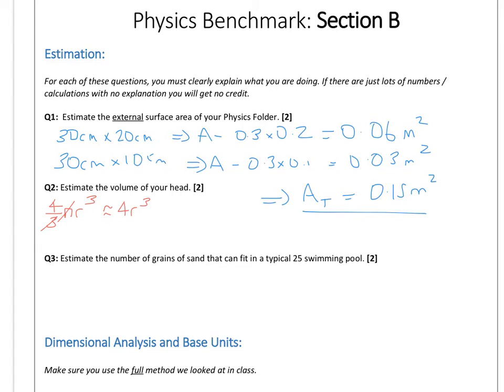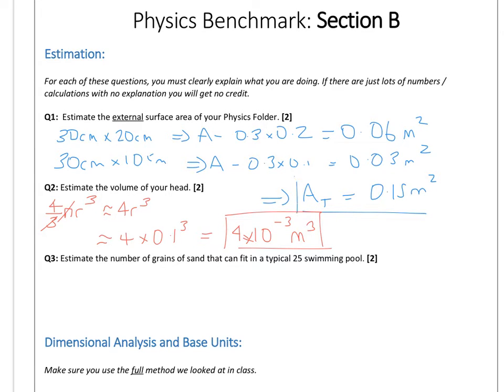So what do I reckon is the radius of my head? Well, if I take rough measurements, I would say its diameter is about 20, so its radius is about 10 centimeters. So it's going to be 4 times 0.1 cubed. 0.1 cubed is 10 to the minus 3, so it's 4 times 10 to the minus 3 meters cubed is your answer there.